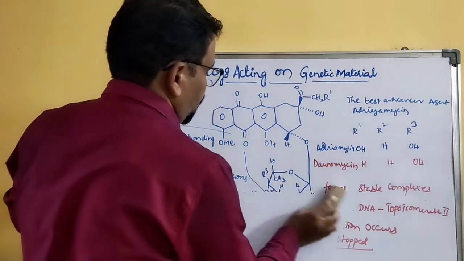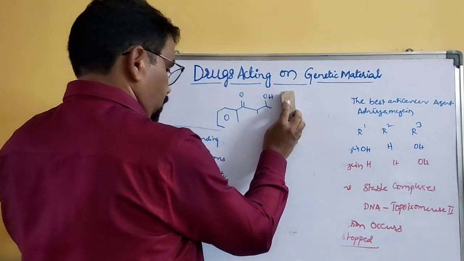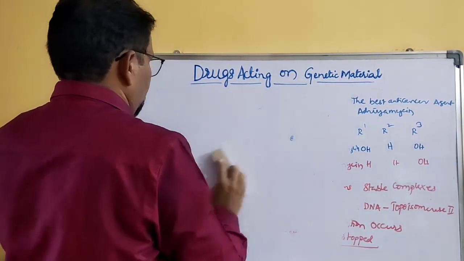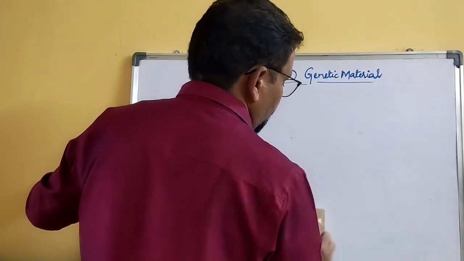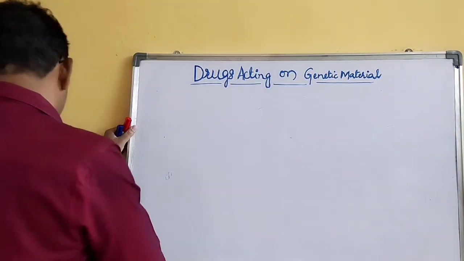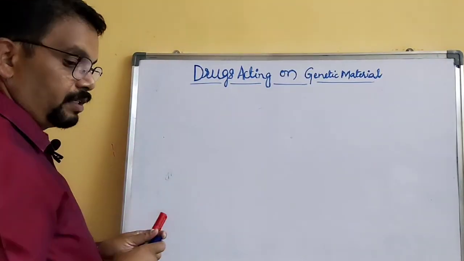Drugs acting on DNA, the genetic material, can be classified into several types.